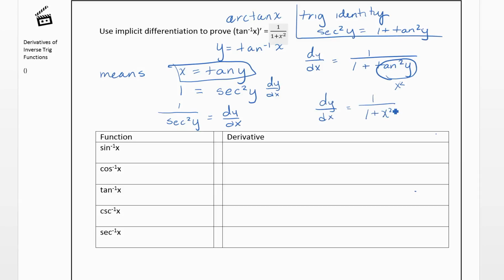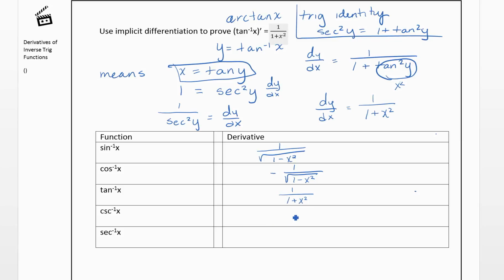Okay, now just to list the rest of them, and then I'll show you how we use them. The derivative of sine inverse is 1 over the square root of 1 minus x squared. The derivative of cosine inverse is negative 1 over the square root of 1 minus x squared. The derivative of tangent inverse, as we just saw, is 1 over 1 plus x squared.